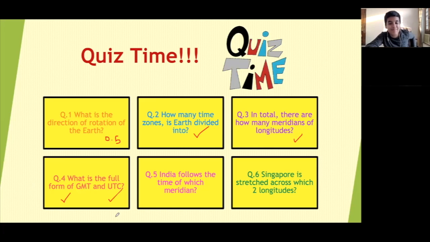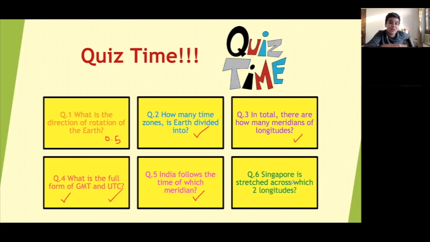India follows the time of which meridian? 82.5 degrees east. Yes. Singapore is stretched across which two longitudes?